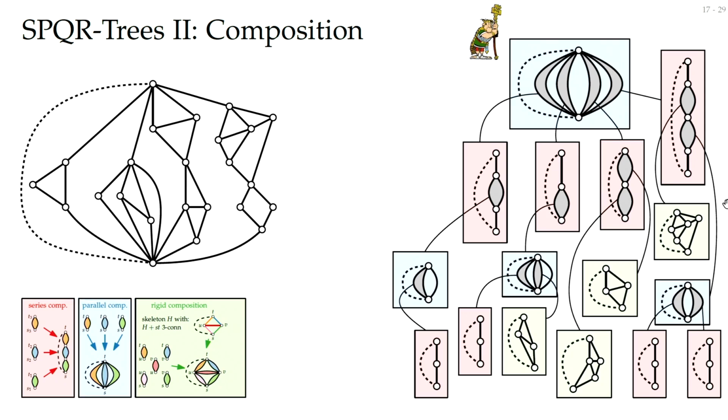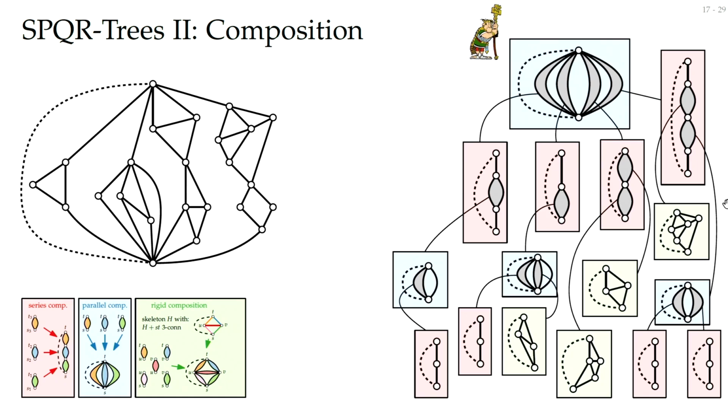And for me, this definition makes it much easier to understand how we get this SPQR tree and how these different types of nodes are defined. And the nice thing is that all these definitions are equivalent, and the SPQR tree is unique.